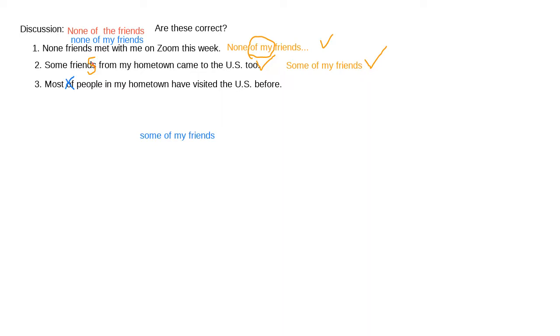And number three, somebody corrected this one in the right way. We cannot just keep of by itself. We have to have of the people, of these people. Again, we have to have two words, of and another word, before we put the plural noun. Or we can just leave of out. So we can say most people or most of the people.